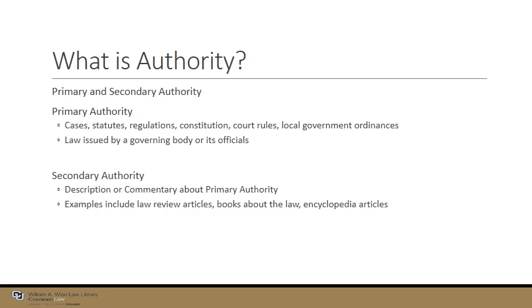Or it could be a legal encyclopedia article about a topic in negligence or torts or corporate law that describes what the area of law is, what are the key cases and key statutes. It could be practice treatise articles, and it could be books about the law, nutshells, anything that provides commentary about the primary authority. This is secondary authority.